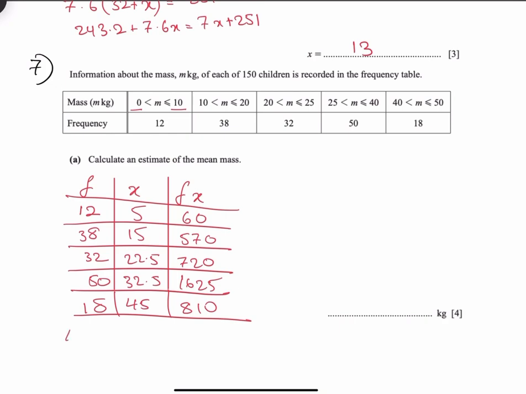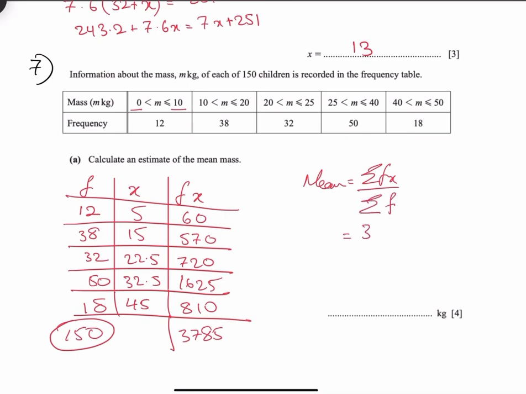I know that the frequency here adds up to 150, and the frequency times the mid-class is 60 plus 570 plus 720 plus 1625 plus 810, which is 3785. Finally, the mean equals sigma fx over sigma f, 3785 over 150, and that is going to give you 25.2.